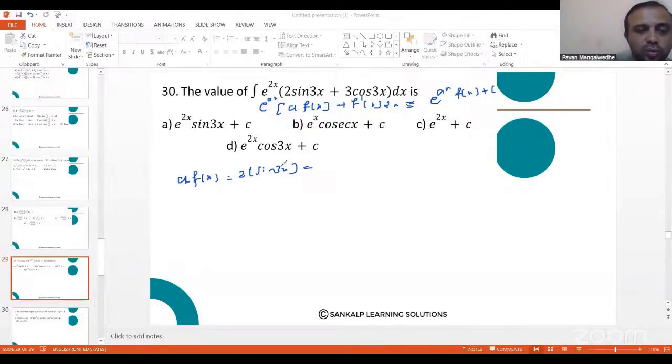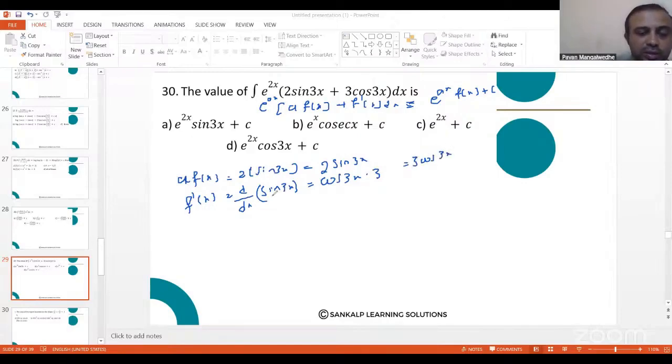That is, f of x is sine of 3x, and f dash x is d by dx of sine 3x. How much is d by dx of sine 3x? It is cos 3x into 3, which is equals to 3 cos 3x.